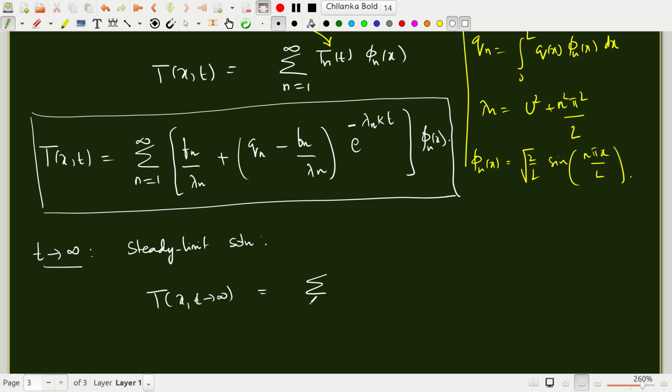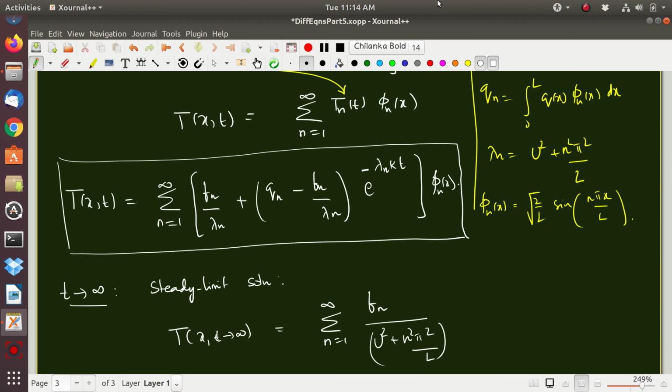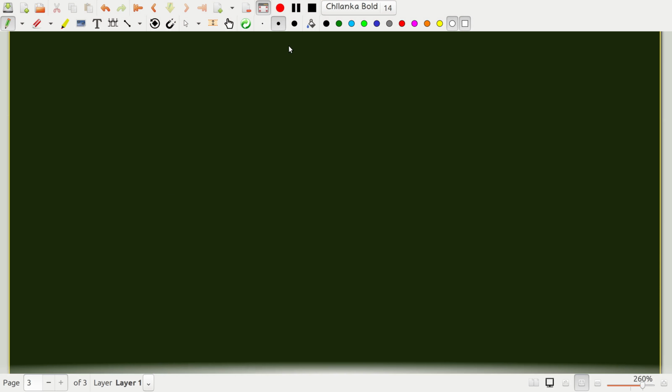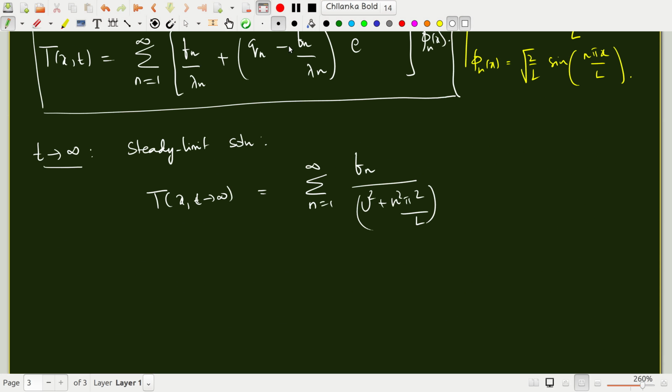but summation n equal to 1 to infinity f n by mu squared plus n squared pi squared by L squared, times phi n of x.